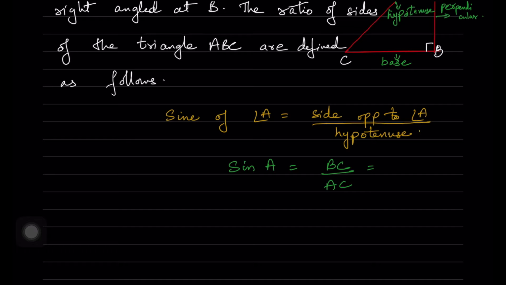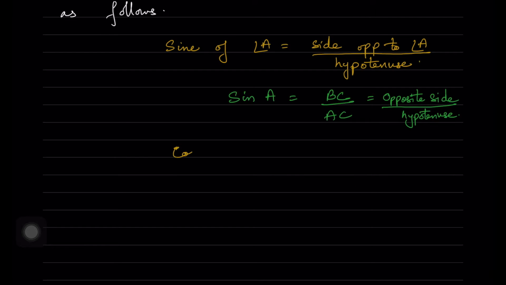Whichever angle we are considering, the side opposite to it is called the opposite side, and AC is the hypotenuse here.